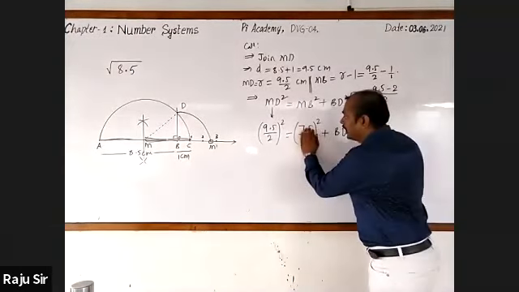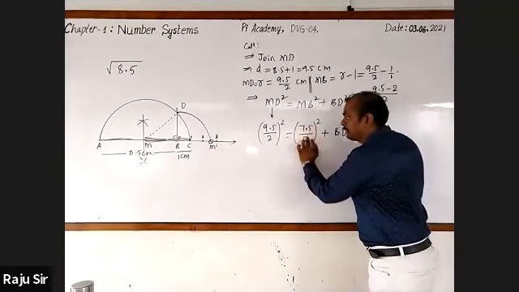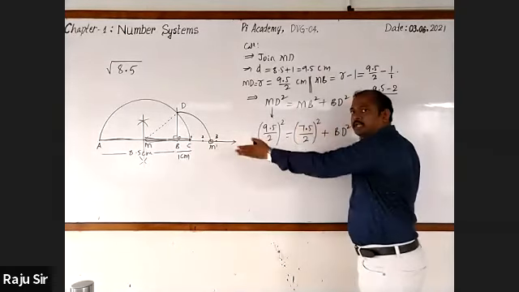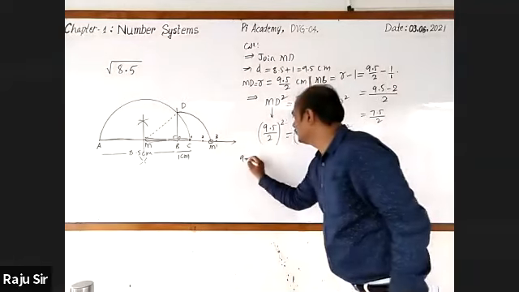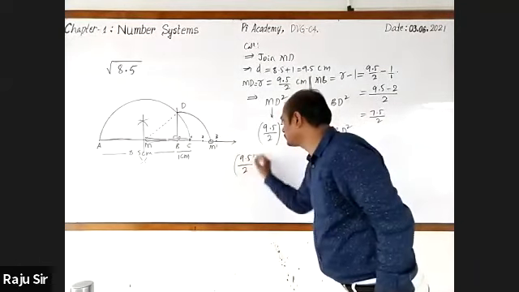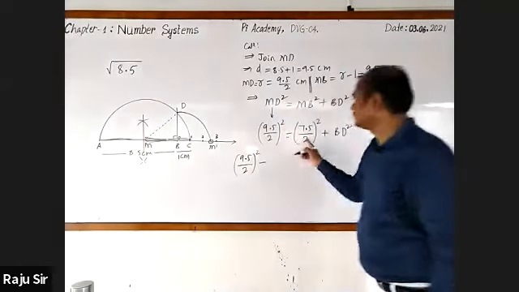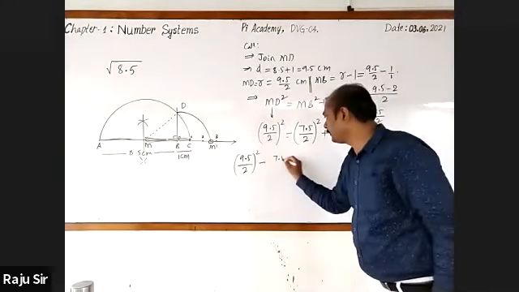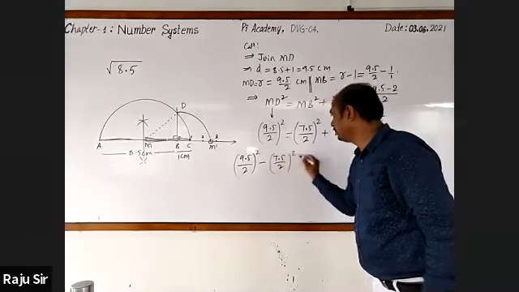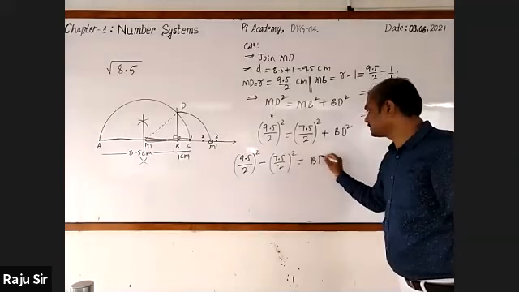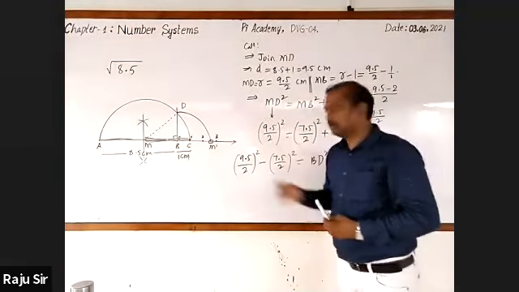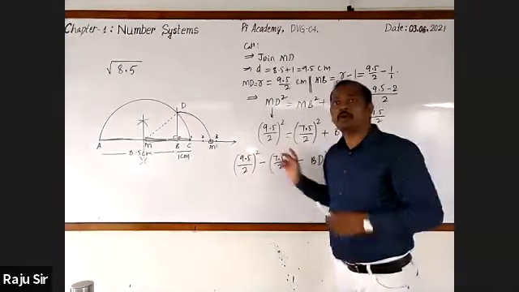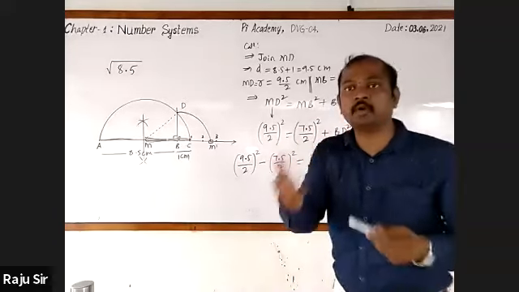Next, let me transfer 7.5 by 2 whole square to the left hand side. It is 9.5 by 2 whole square minus 7.5 by 2 whole square, equal to BD square. Usually, we go for finding the squares of all these numbers, but it takes more time.